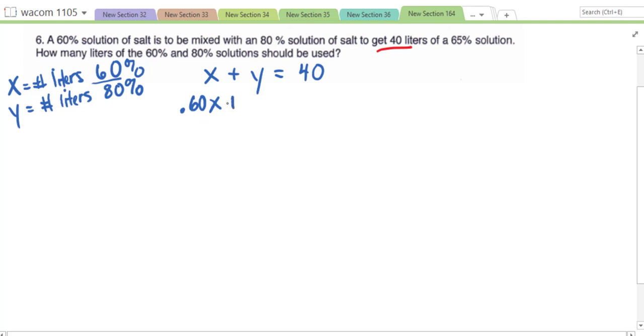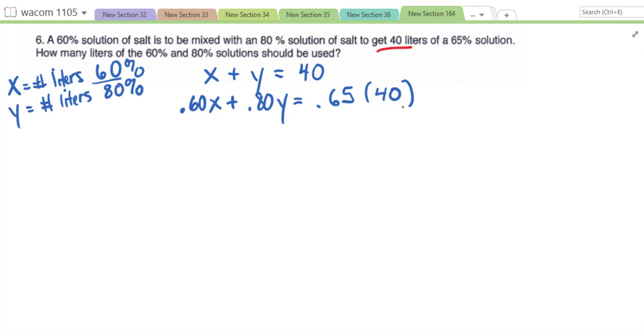All right. We're going to have y liters of the 80%. We're mixing those together. All total, we're going to have 40 liters, and we want this concentration to be 65%.